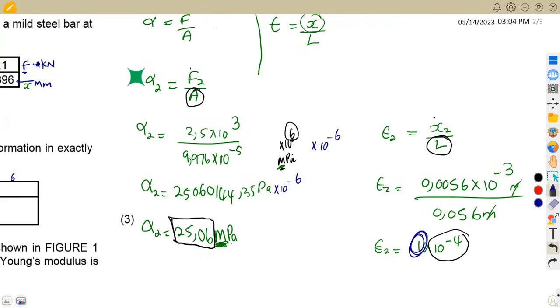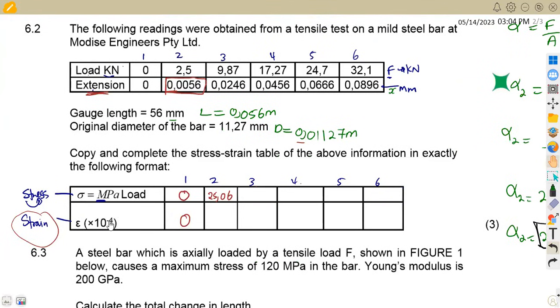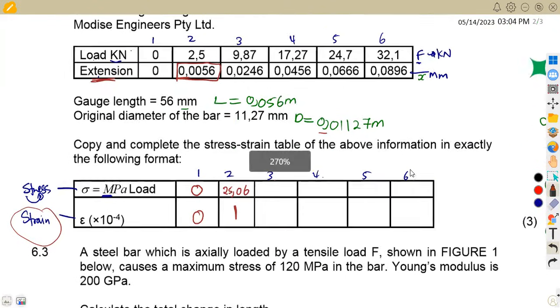This is the answer that you're going to write on your table. Already, it's multiplied by 10 to the power of -4, so you take the 1 that is multiplying 10 to the power of -4. So that's how you're going to calculate these values throughout till the last part. All right.